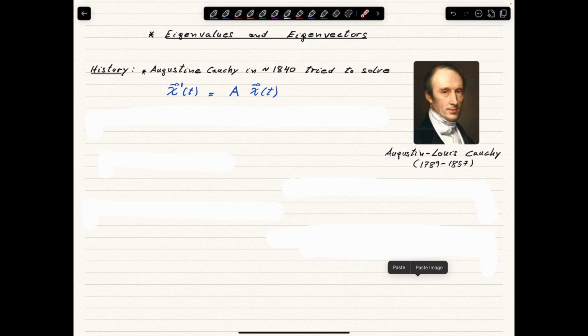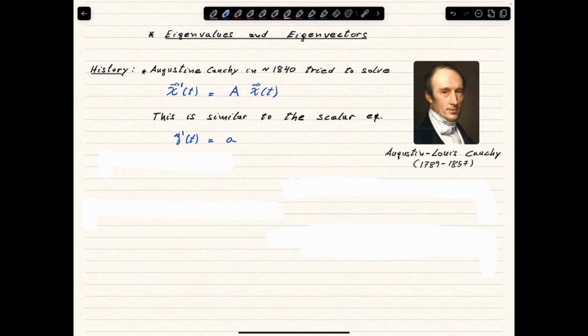This equation is a generalization of the scalar version of this equation, which we have studied in previous videos, which is y prime of t equals some constant a times y of t. This is the well-known exponential growth equation. Here we have one single function of t, a is a constant, and the derivative of the function is proportional to the value of the function.